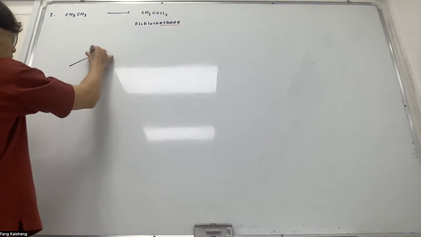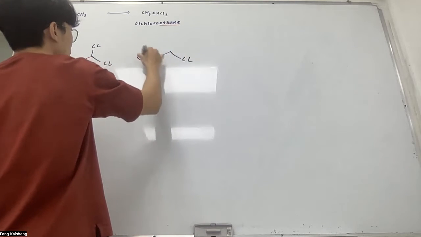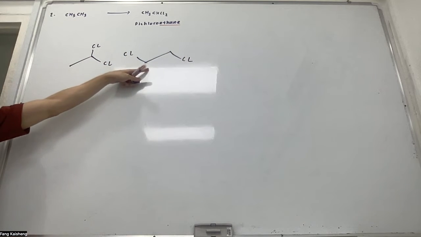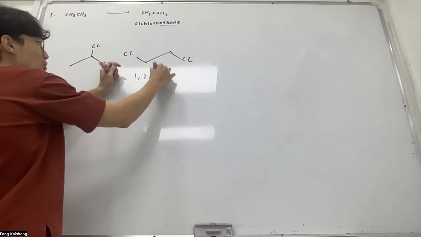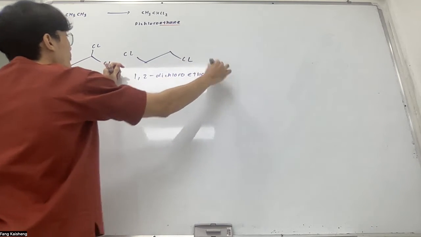How do we know it's on the same carbon? What if you put it on 2 different carbons? Notice this ethane: you can either put 2 chlorines on the same carbon, or you put 1 on each. Now take a look. How will you name this compound? Yes, 1,2-dichloroethane. You can write this down also.